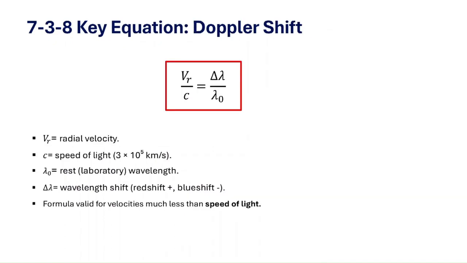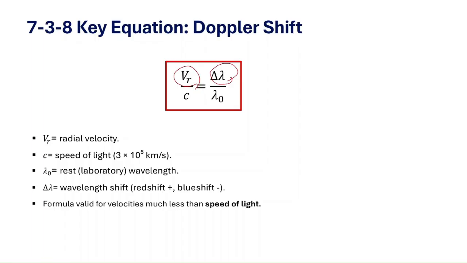Okay, now that we understand how Doppler shifts indicate motion, we can calculate the radial velocity of a star using a simple formula. And this equation relates the change in wavelength of a spectral line to the velocity of the object along our line of sight. So this is a simple proportion. The fractional change in wavelength equals the fraction of the speed of light at which the object is moving along the line of sight.